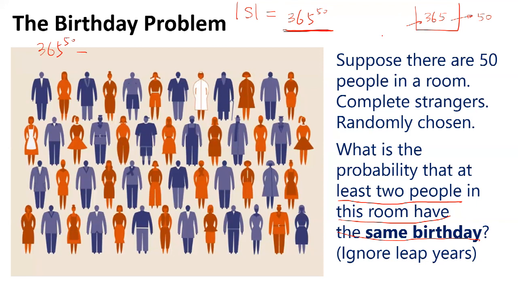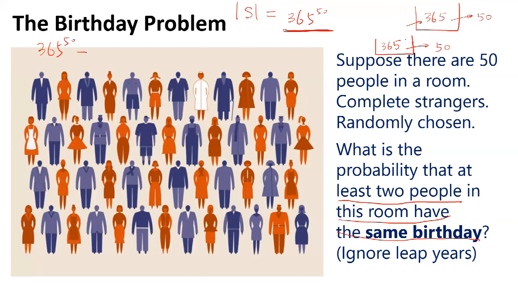If no people share the same birthday, what does that mean? That means in this container we will have 365 birthdays, and the task is to pick 50 out of this number, and this time without replacement, right?